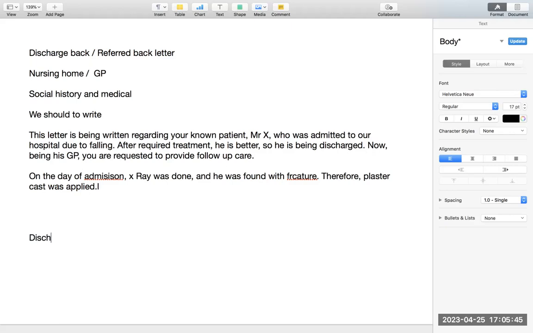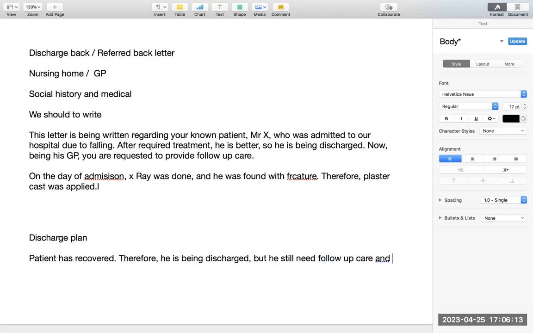A discharge letter, my dear guys, means there would be a discharge plan. A discharge plan means that the patient has recovered, no matter what the problem was, therefore he is being discharged, but he still needs follow-up care, and hence is being referred to you.